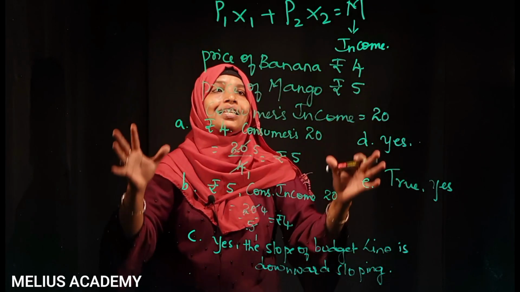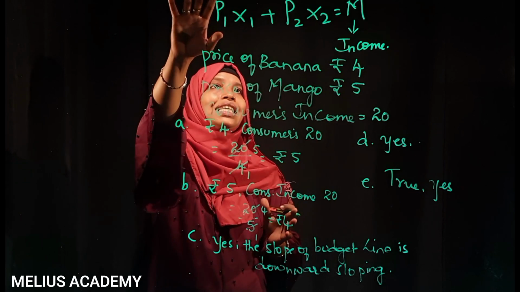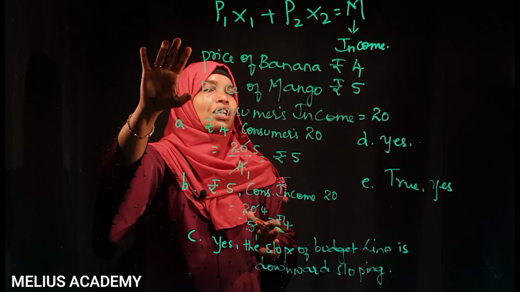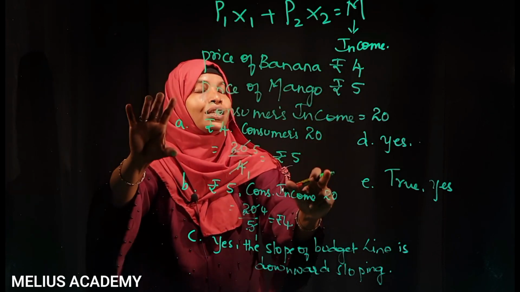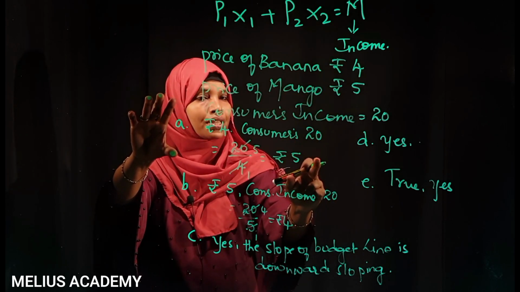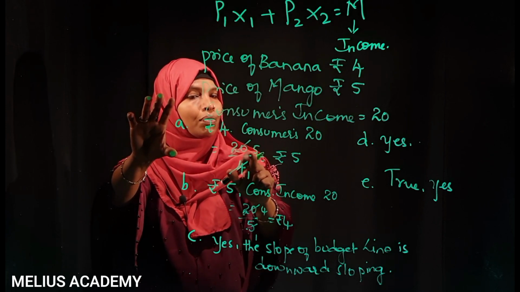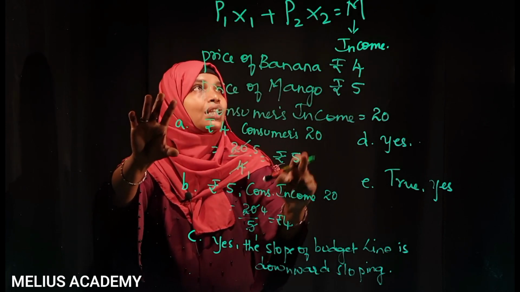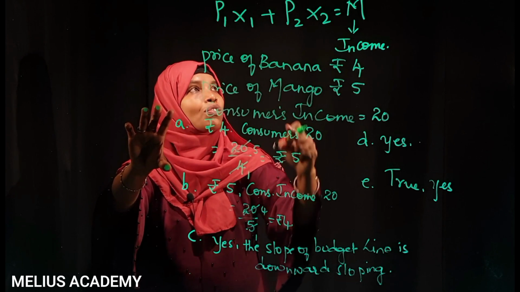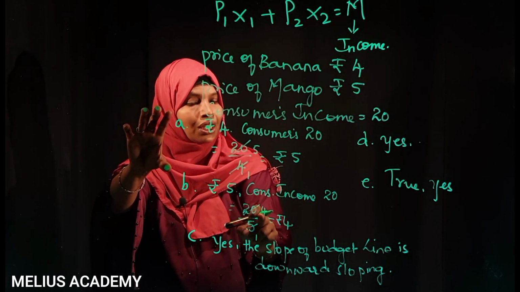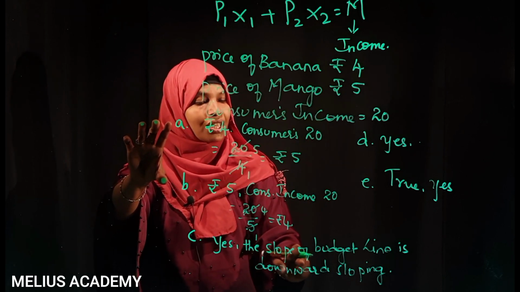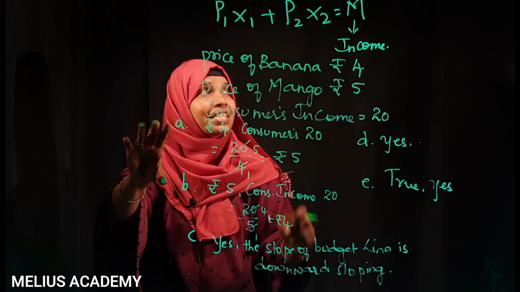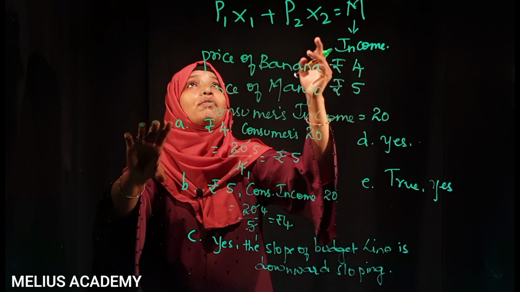This carries 5 marks. First write the equation of the budget line, then whatever is given: the price of banana, the price of mango, consumer's income. Then calculate what they have asked. How much of bananas can she consume: take the total income 20 divided by 4, you get 5. How much of mangoes: total income divided by 5, you get 4. Is the slope of the budget line downward sloping: yes.